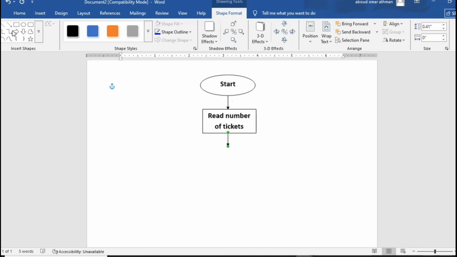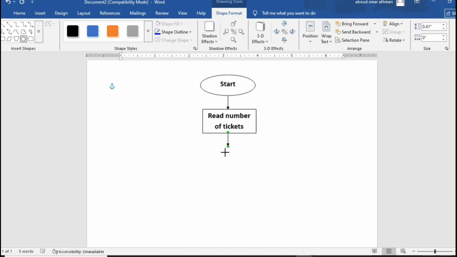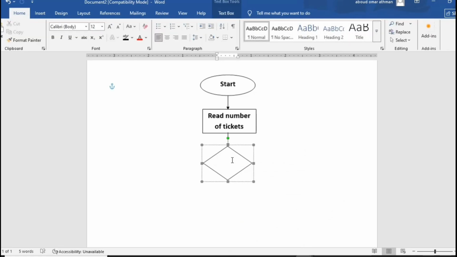To begin or start, that is where we have our oval symbol. And then, the input here is the number of tickets that are required by the fan. So we need to use the input symbol, and here the input symbol is normally a parallelogram.